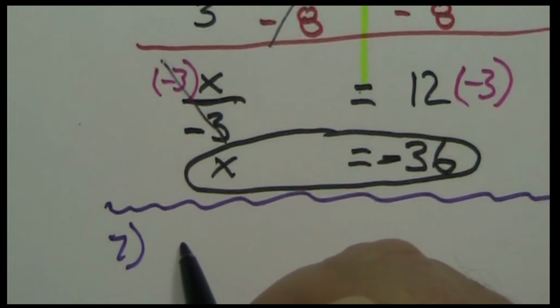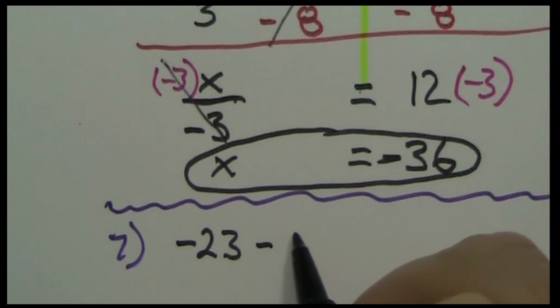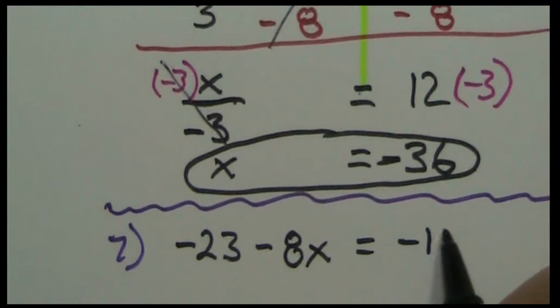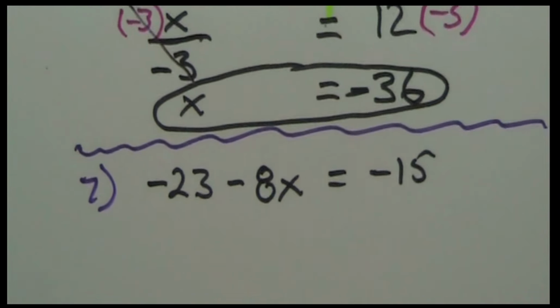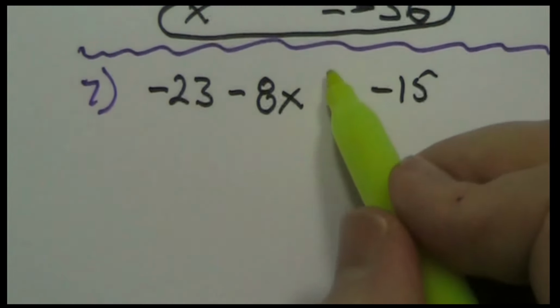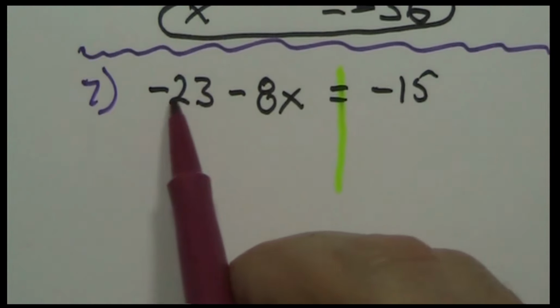Okay, number 7. So left and right side. The constant to get rid of is negative 23.